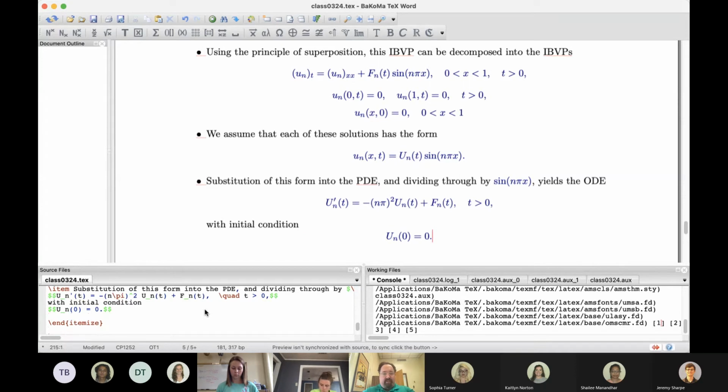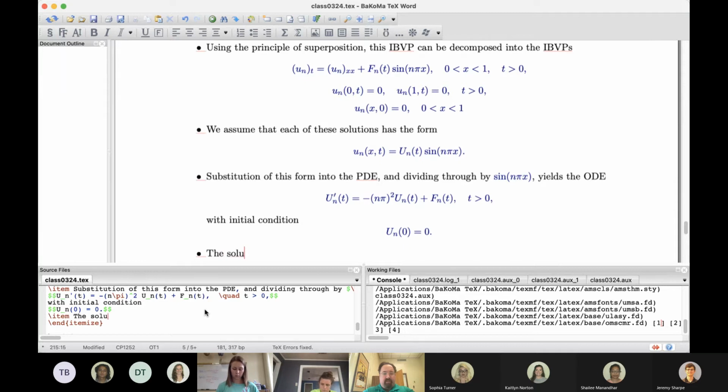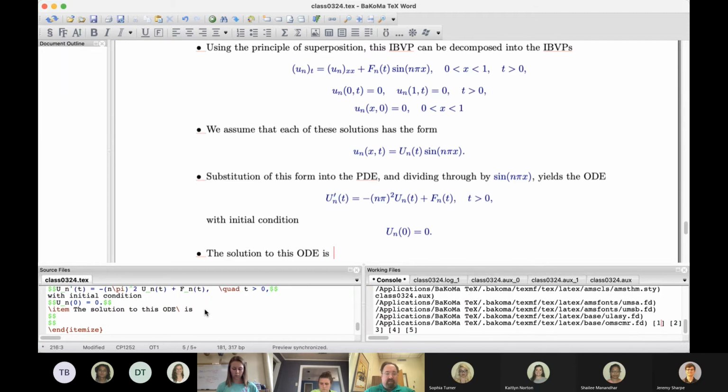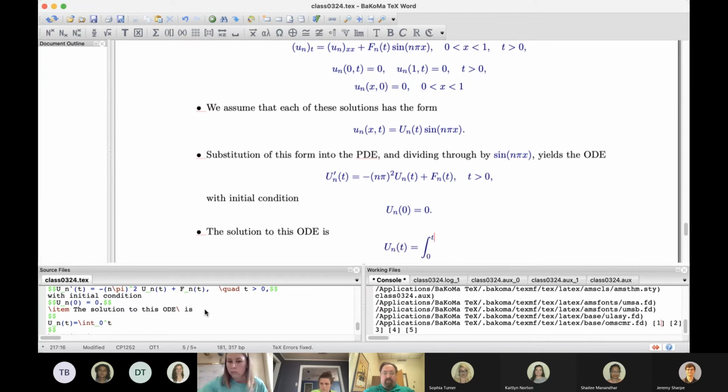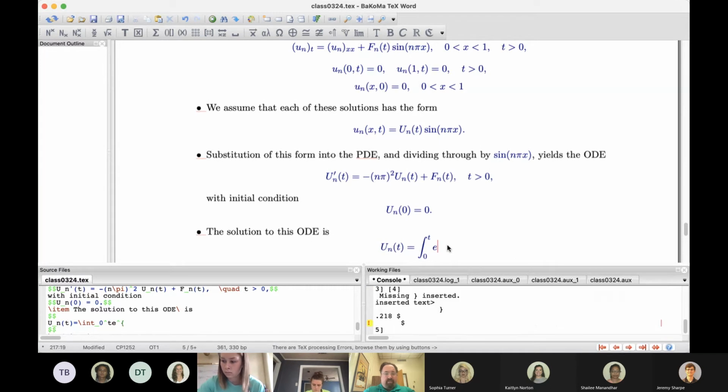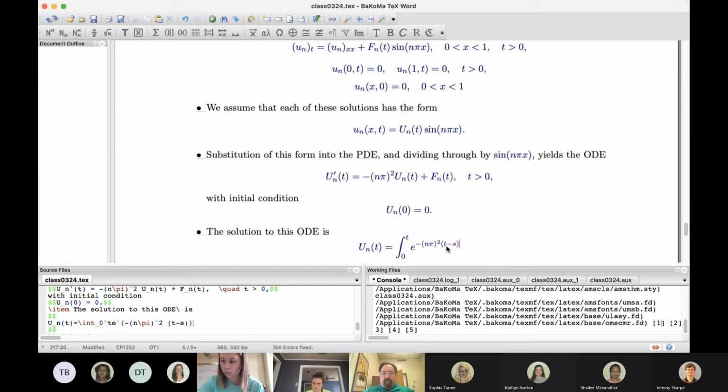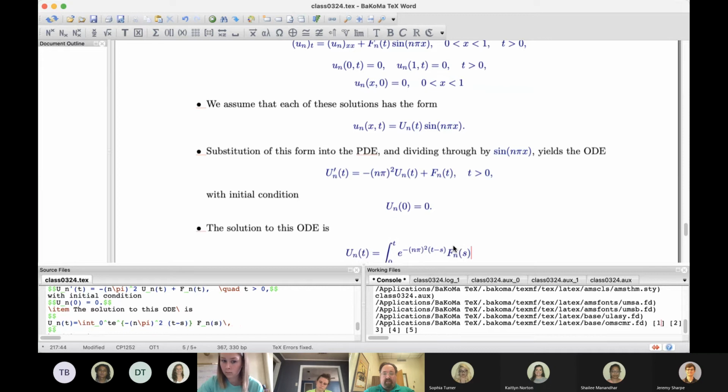So then what would happen is, u_n of t is equal to an integral from 0 to t, and I would have the exponential with the argument t minus s times F_n of s ds.